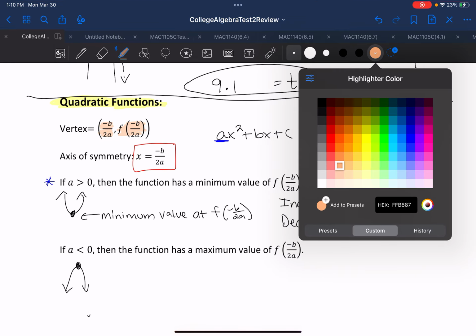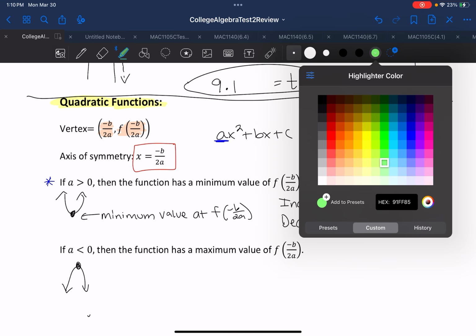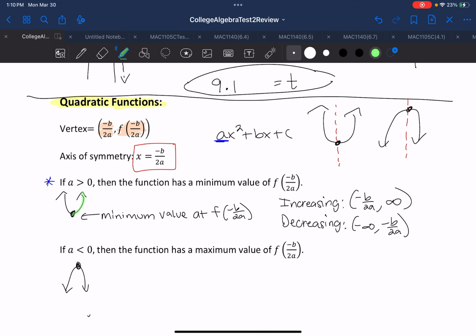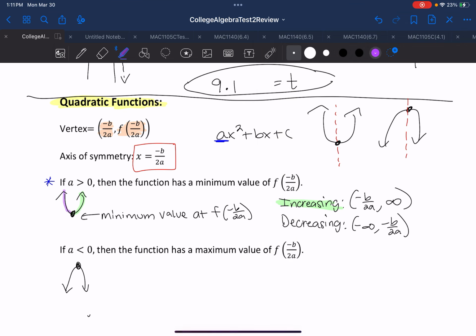Remember, we've seen that pattern when we were doing problems with these in chapter 3. So it's increasing on the right, it's going up, and that always starts at the x value of my vertex, negative b over 2a. And then it's decreasing on the left side. So that always starts at negative infinity and goes until the x value of my vertex.